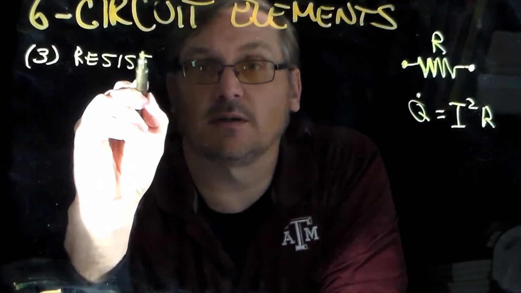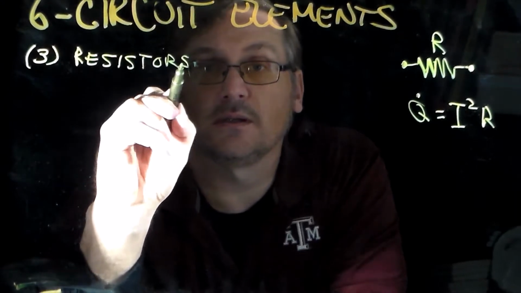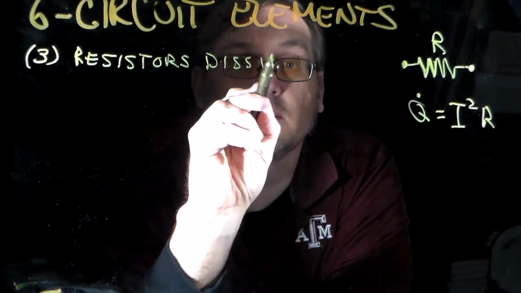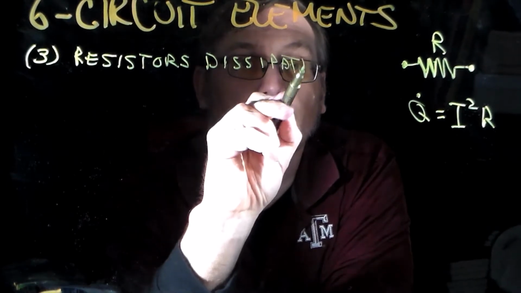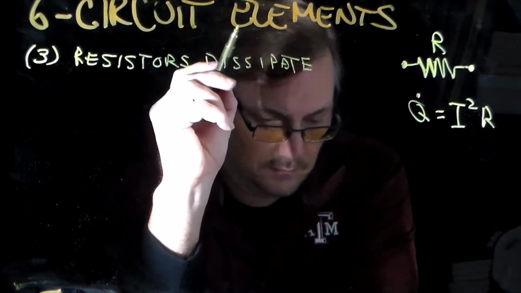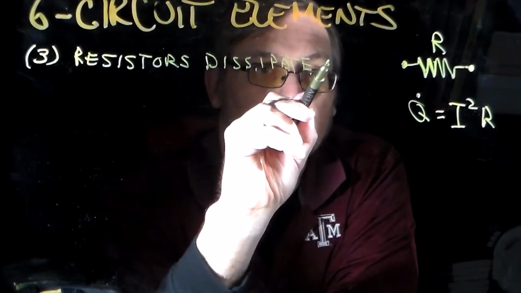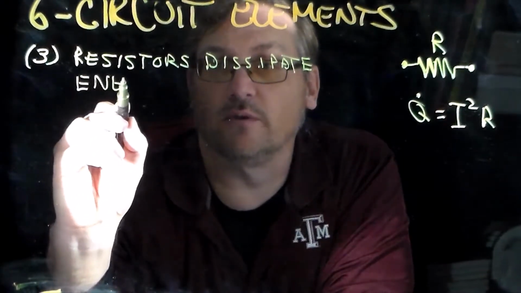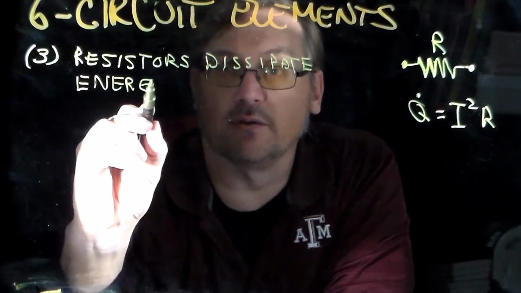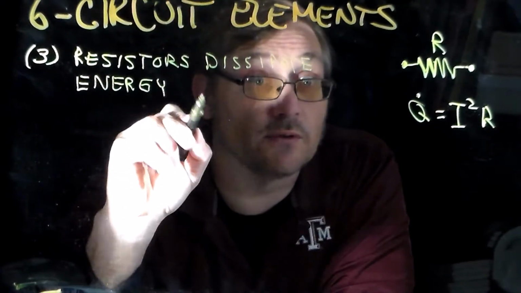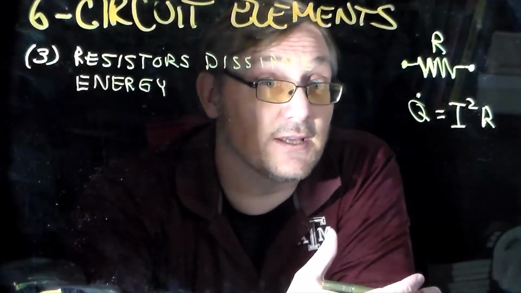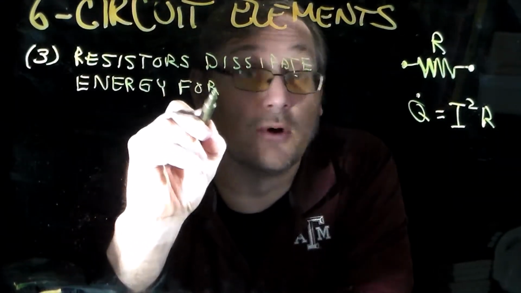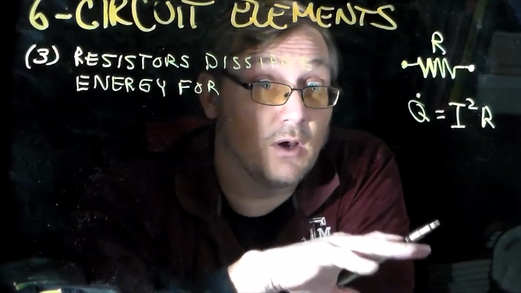So resistors dissipate energy from the circuit, and basically they do that in the form of heat. A resistor that you're very used to that dissipates energy from a circuit is the burner on your oven top, right?